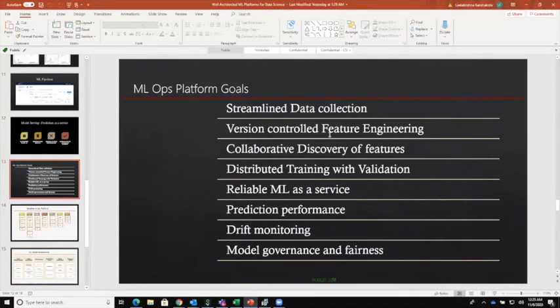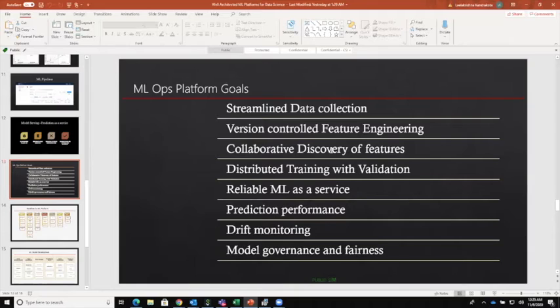So you want streamlined data collection. The next thing is version control of feature engineering. I built 3 algorithms with 10 features. Somebody else built 4 algorithms with 200 features. Third one is super important.